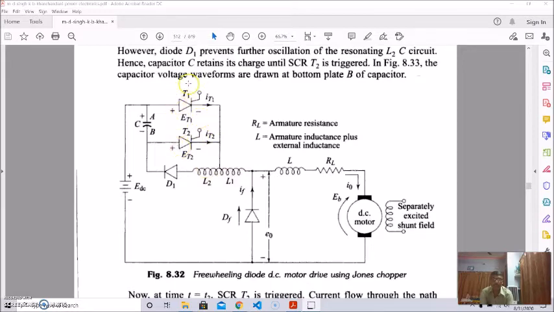This is the main thyristor which we want to commutate. The special feature of this circuit is this tapped auto transformer.